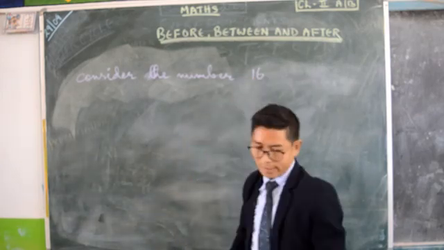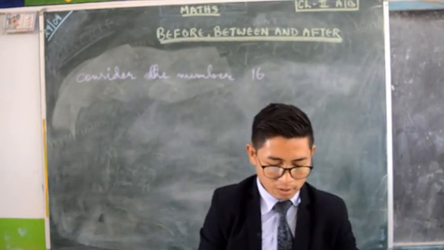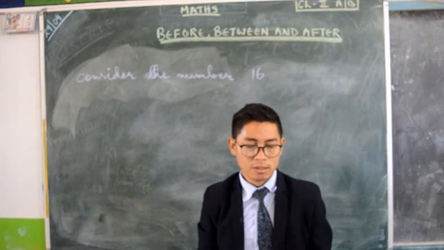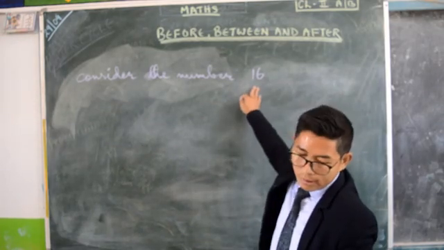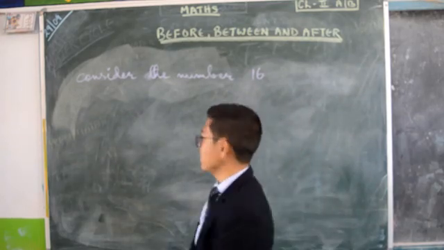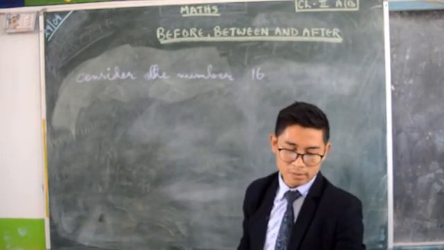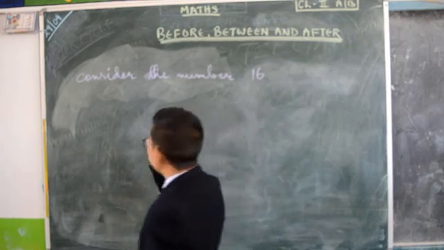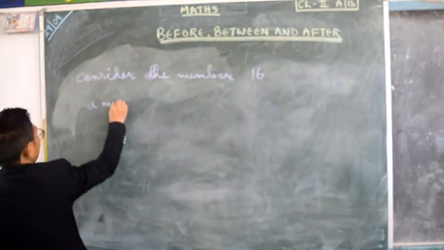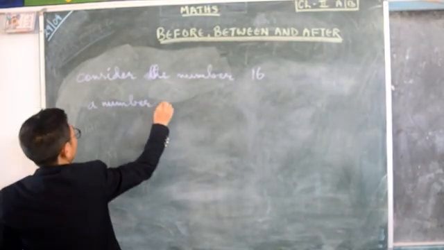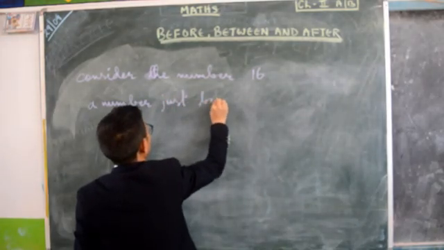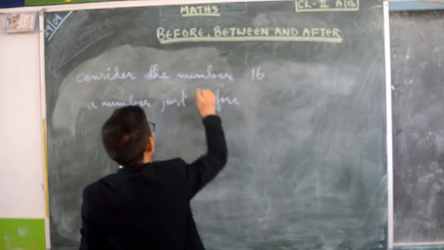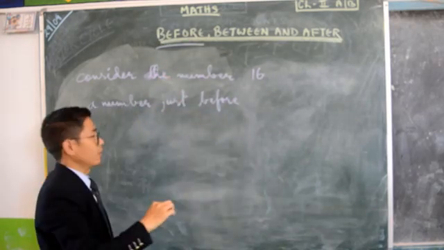Now, as you all know, the number just before a given number is obtained by subtracting 1 from it. I'm doing this first, okay?